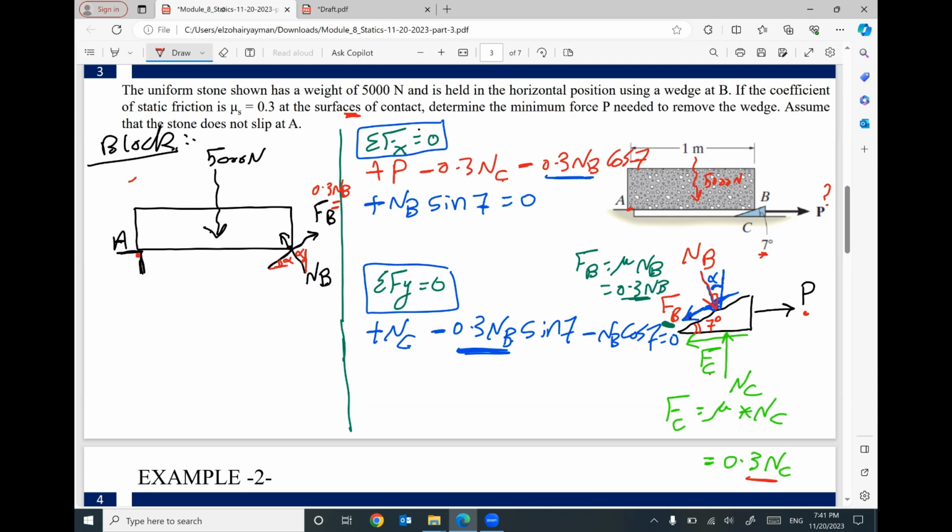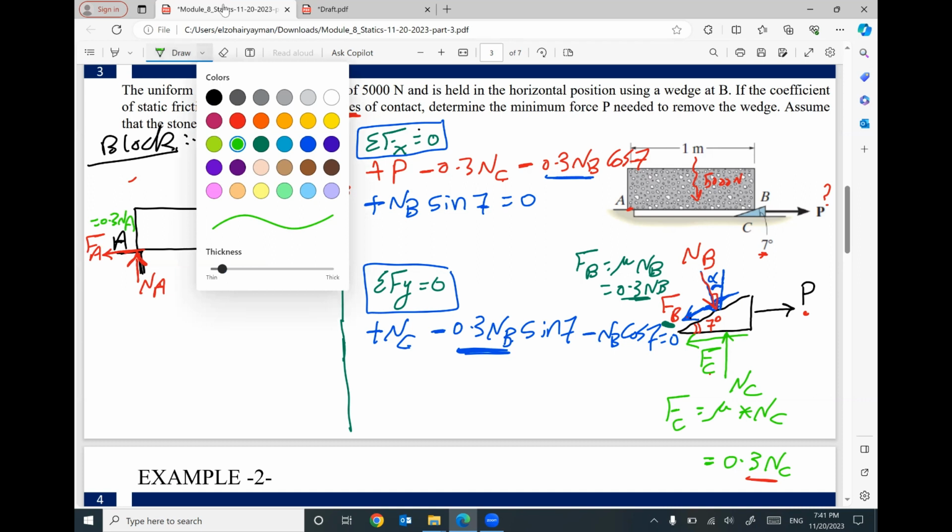Let's try. We have here friction, because if you move the wedge to right, probably this block will move to right. So the friction will be in opposite direction, FA, and we have here perpendicular to the surface of contact capital NA. And keep in your mind also this FA equals 0.3 NA.